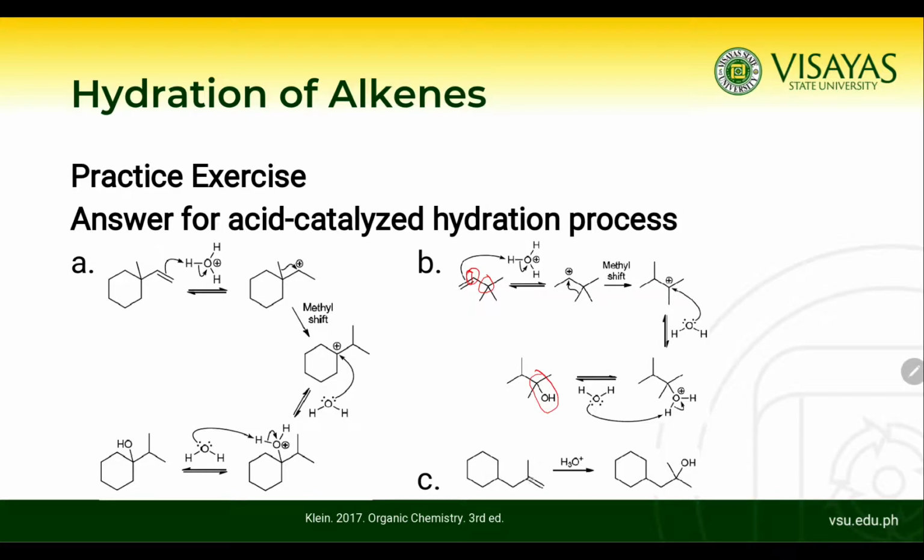In the first step, we form the carbocation with the positive charge there. That is already a tertiary carbocation. So, of course, the OH will now bond directly to that carbon, and no methyl shift will occur. Okay? So, let me clarify that for acid catalyzed hydration and oxymercuration demercuration.